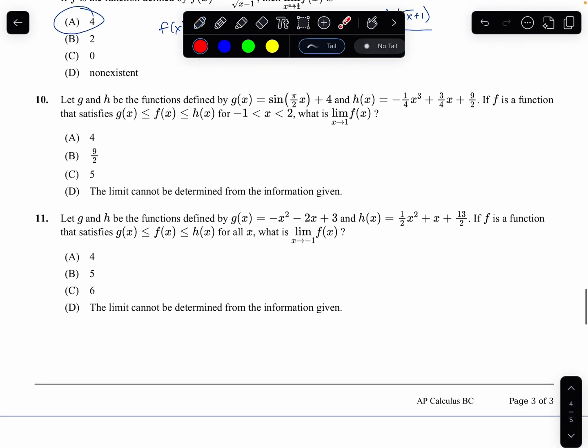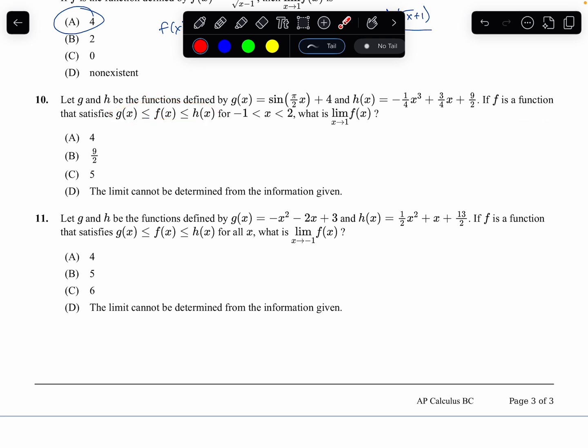Alright, for 10, let g and h be the functions defined by g of x is equal here. Oh, sorry, this right here. We have h of x. If f is a function that satisfies this, this is just saying that the function f is always going to be in between h and g on this interval right here. What is the limit as x approaches 1? Okay, so this is using the squeeze theorem. I can tell because it already gives us the condition of part of the squeeze theorem.